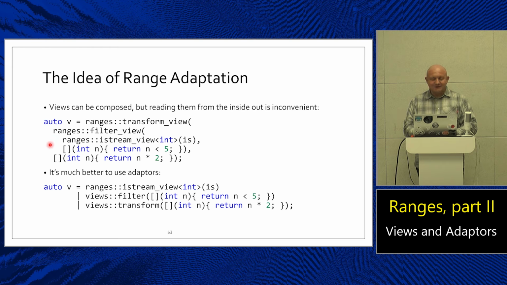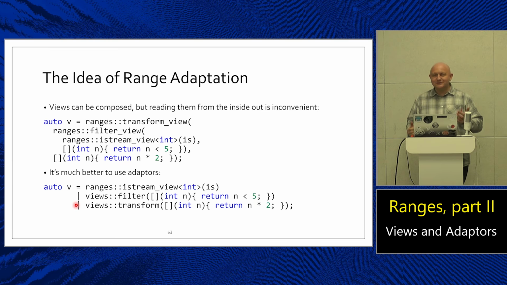Instead of deeply nested view constructors, or even worse, a for loop with an if inside, you can write a pipeline. We start with an stream view, pipe it into a filter, then pipe it into a transform. This reads left to right, and it matches how we think about data flowing through the program.